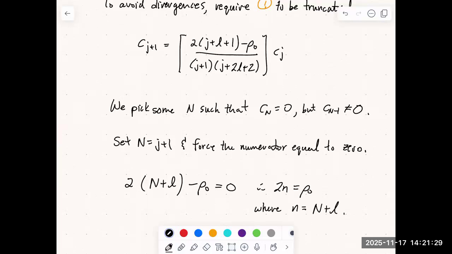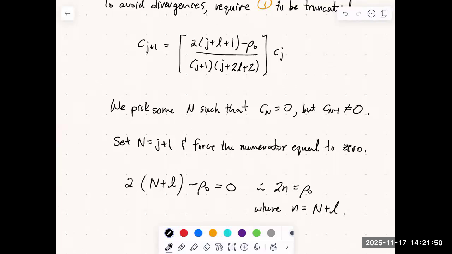Now, clearly, big N is an integer because it's just j plus 1, and j is just an integer subscript for the different coefficients of the different powers of rho. L we found to be integer already when we solved the angular part to find the spherical harmonics.